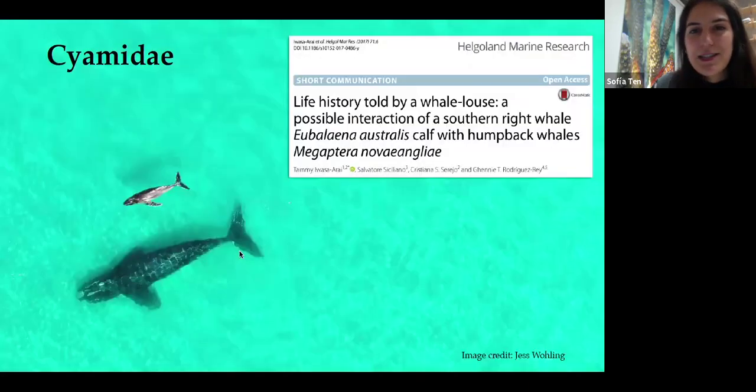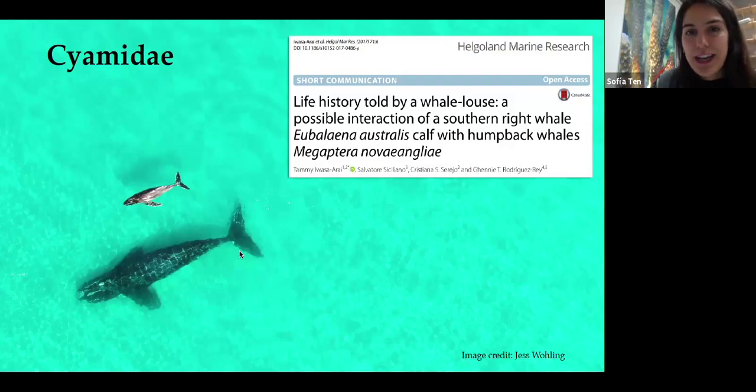There's this interesting note about this, and we are super lucky because we have the author in the online audience. This paper found that Cyamus boopis was also found on southern right whale. So that was indirectly indicating that these two species of whale have physical interactions in this area in Brazil.